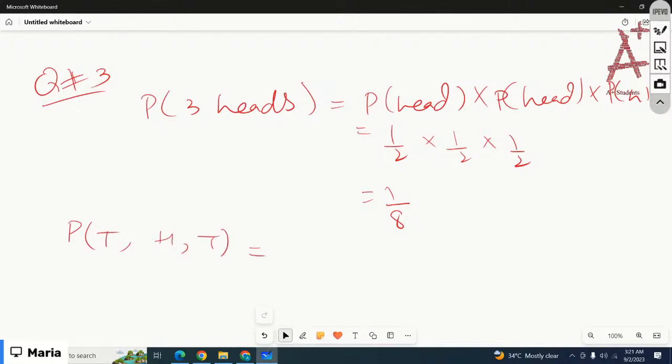So the probability for tail is every time 1 over 2, right? So it would be 1 over 2 times 1 over 2 times 1 over 2. So when you do calculations, 2 times 2 is 4 and 4 times 2 is 8. So it would be again 1 over 8, right?